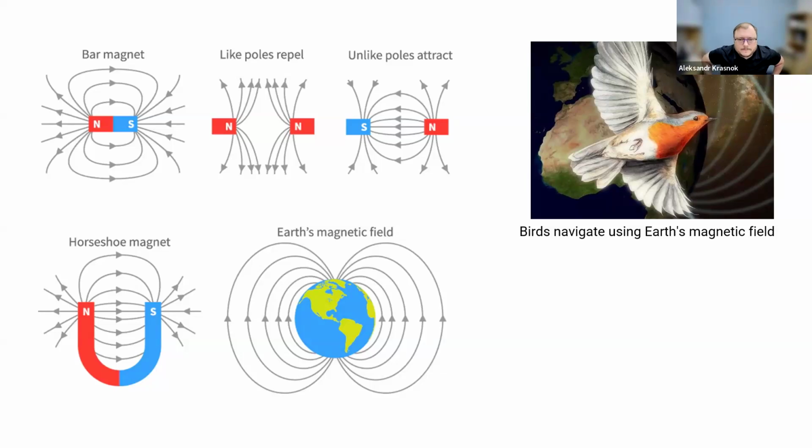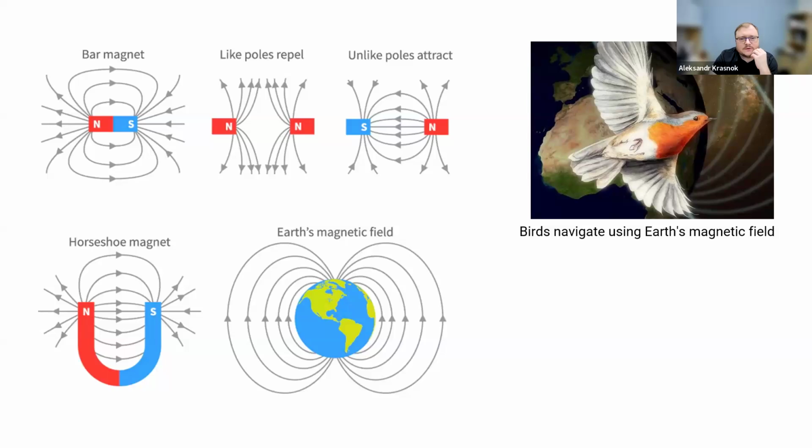Okay, so birds get these magnetic sensors in their heads that allow them to kind of see or feel magnetic field. And they use these magnetic field lines of Earth's magnetic field for navigation. Okay, so birds are sensors of magnetic field.